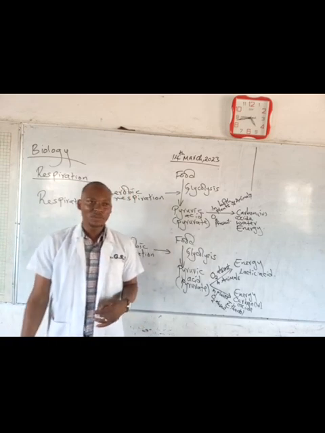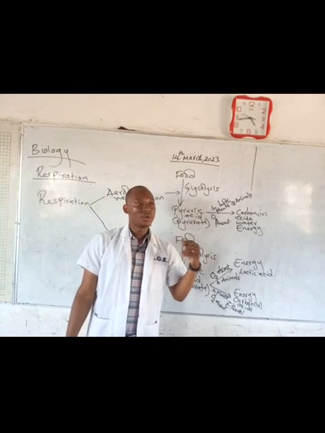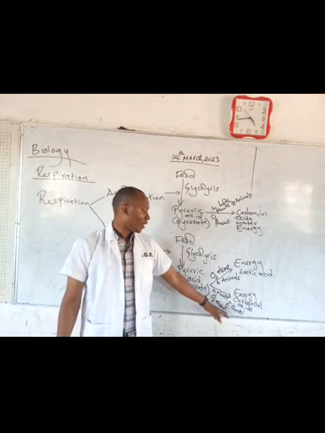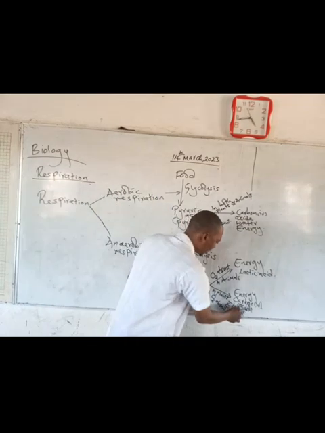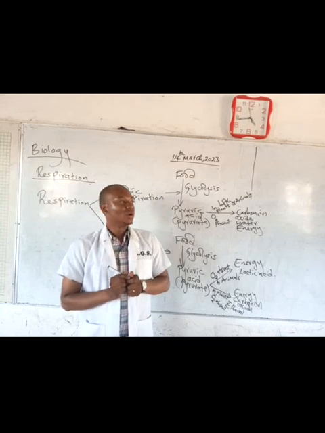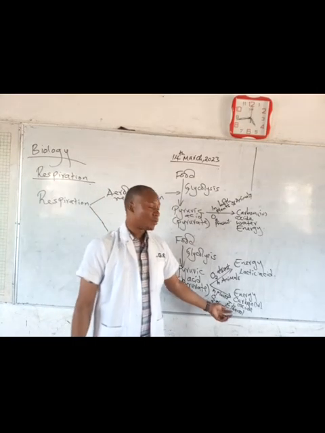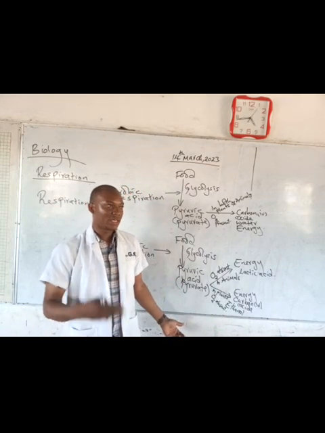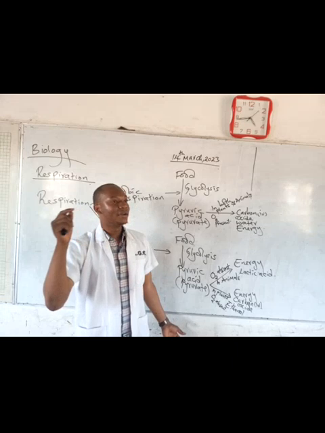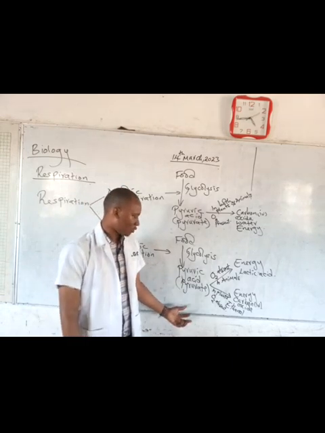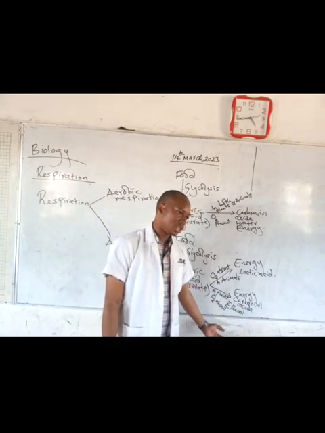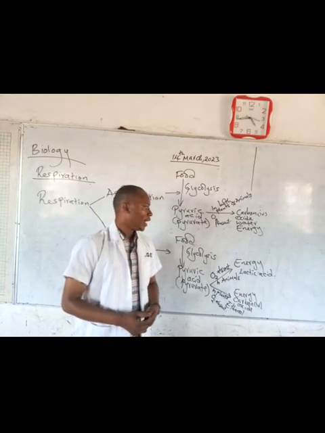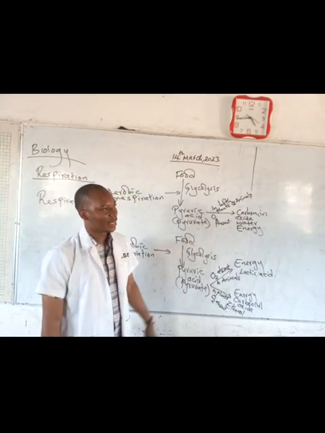Due to the formation of ethanol in plants, the process is called ethanol fermentation. That is the other name for anaerobic respiration in plants. Are you together? Yeah. So that is the summary diagram.